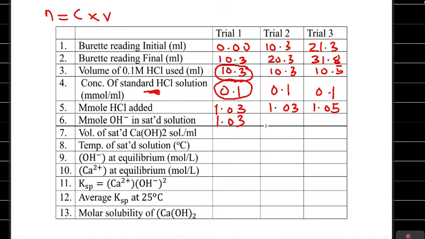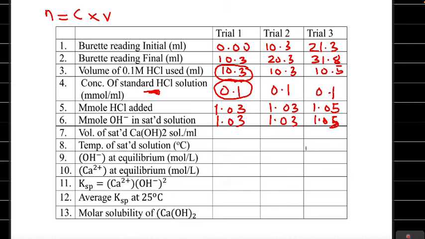If you don't have enough space, you just do one. This is going to be 1.03 as well, 1.05 when you do your calculation properly, I believe. But please make sure you check this out first before you conclude.